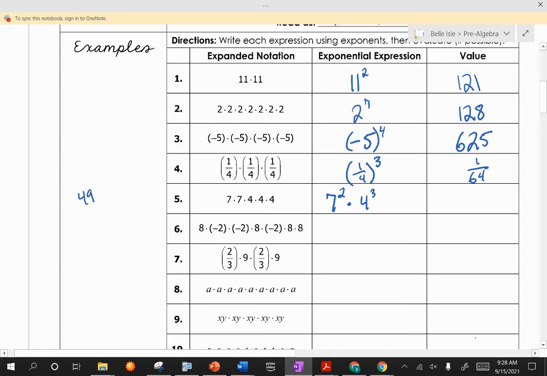There you go. And then we just did 4 cubed, or 4 to the third. What's 4 to the third? We just did it on the last one, guys. 64. Thank you. 49 times 64 is what? 3,136. Yes.